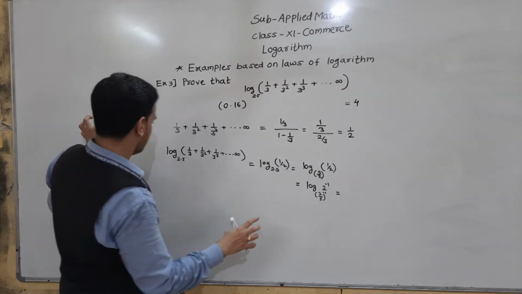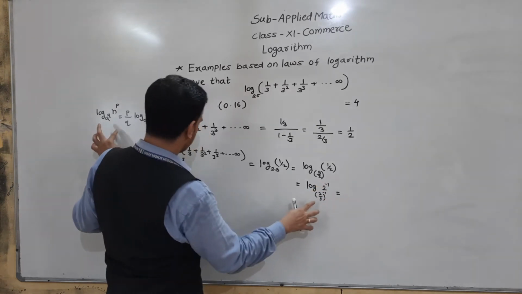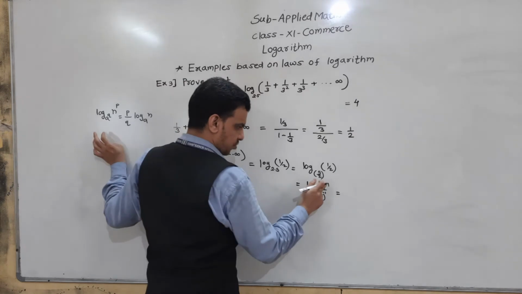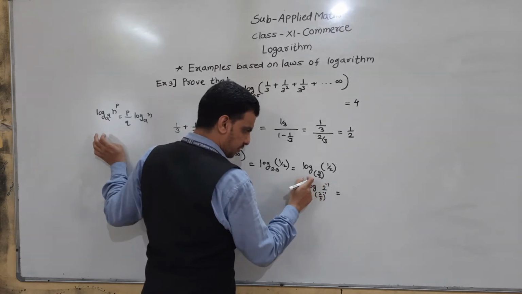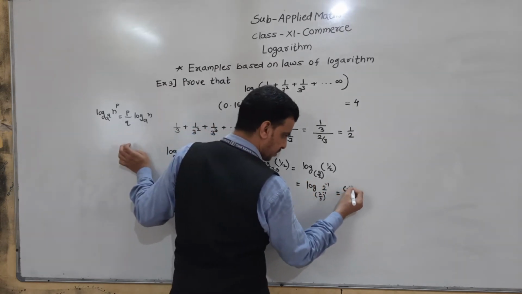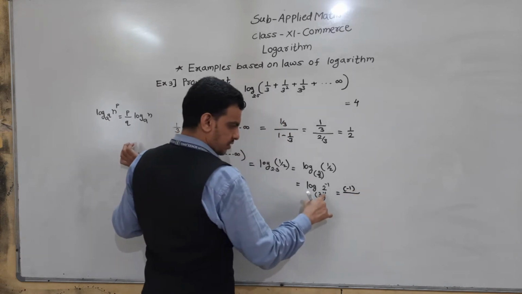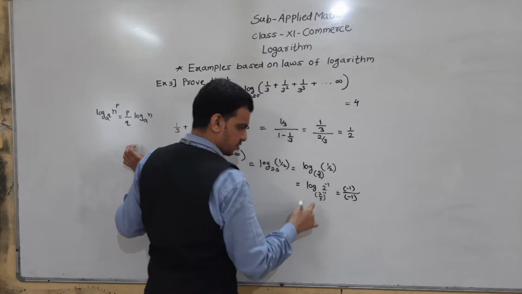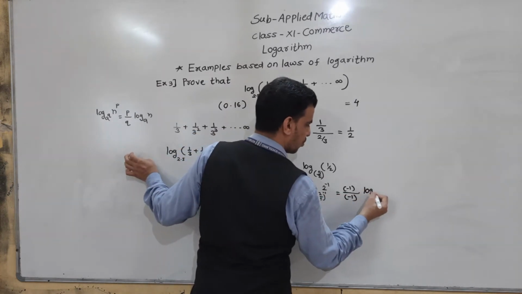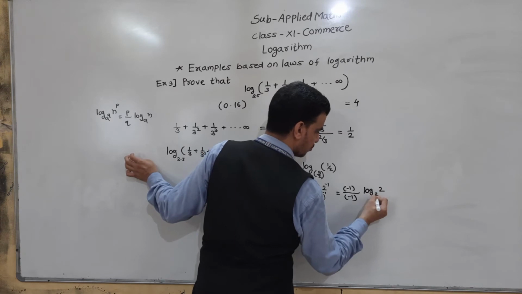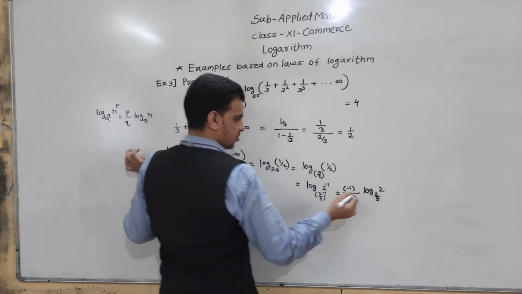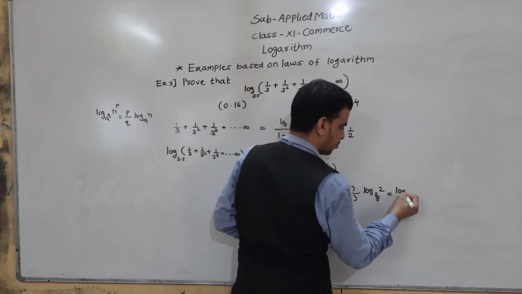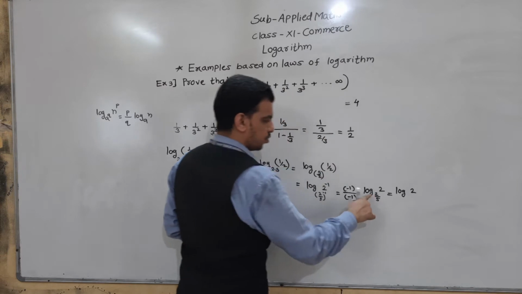So similarly here, log of 2 raised to minus 1 to the base 2 by 5 raised to minus 1. The power of the argument becomes the numerator, so minus 1, upon this minus 1 becomes the denominator, into log 2 to the base 2 by 5. If we simplify, the minus 1 will get cancelled. What remains is log 2 to the base 2 by 5.